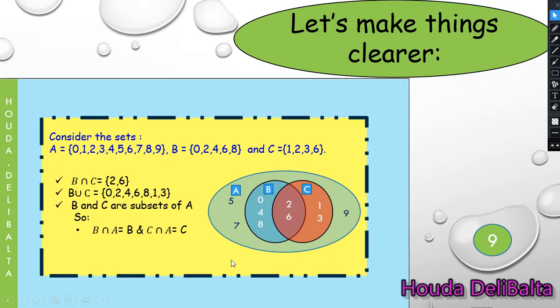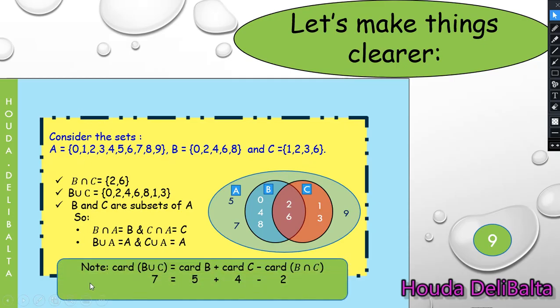B intersection A is B itself because B is a subset of A, and C intersection A is C itself because C is a subset of A, as well as B union A is A, the larger one, and C union A is A. So if a set is a subset of a bigger set, the intersection will be the smaller set and the union will be the larger set.